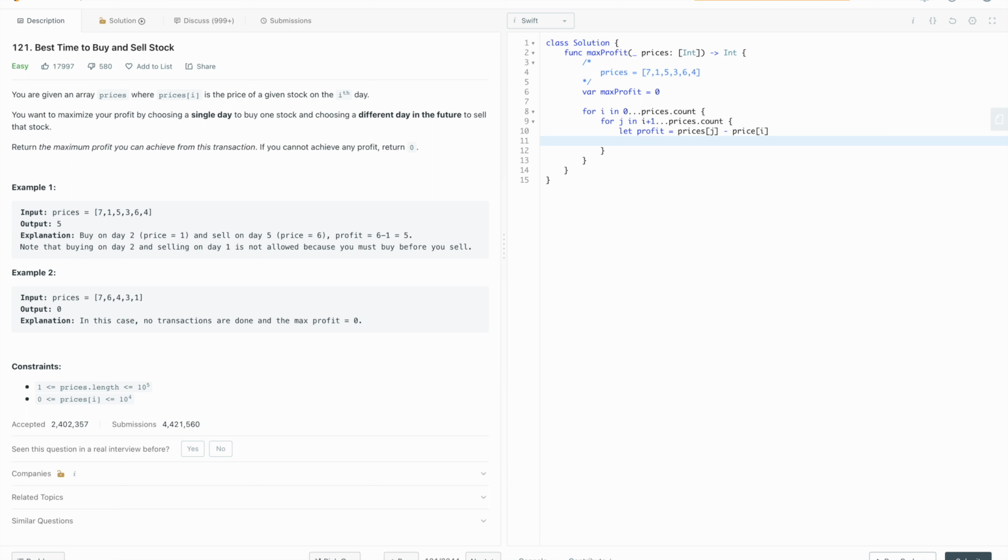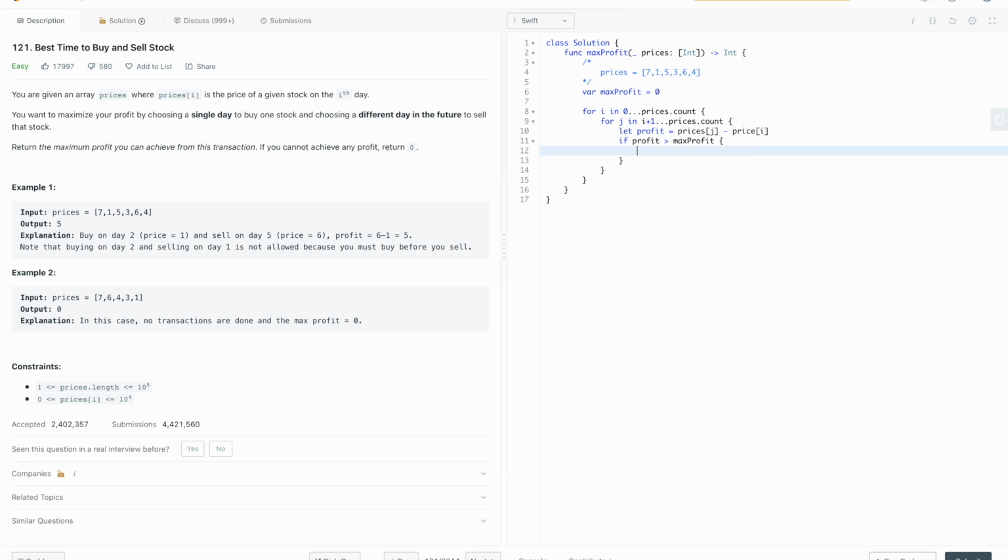So let's see what happens if we get a positive value. So if profit is greater than max profit, which means it doesn't matter if it's less than 0 or greater than 0, but it has to be greater than max profit. But our max profit is equal to 0, so profit will always be greater than 0 if this block of code runs.